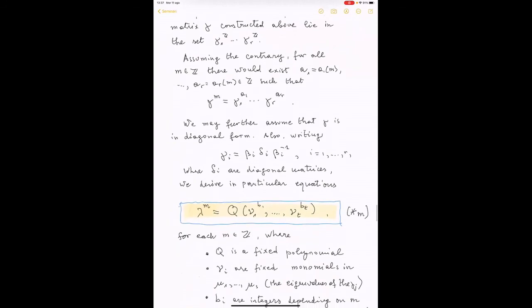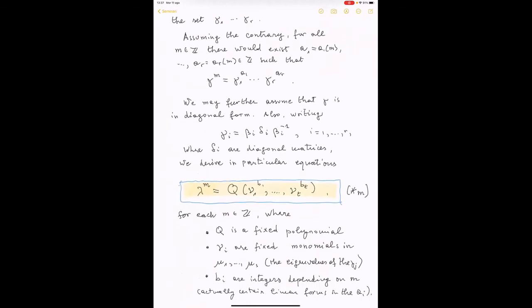And now of course, by diagonalizing the elements, as we can do because they are semi-simple, we have identities like the one which is displayed. So a power of lambda is equal to an exponential polynomial in the eigenvalues of the bounded generators.